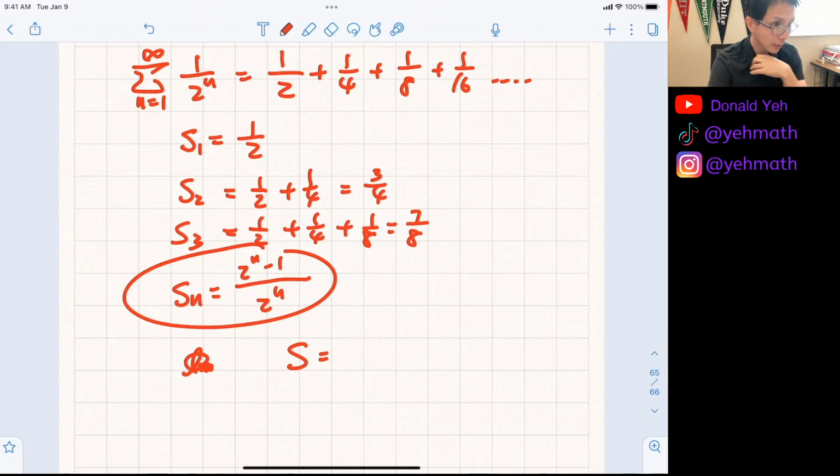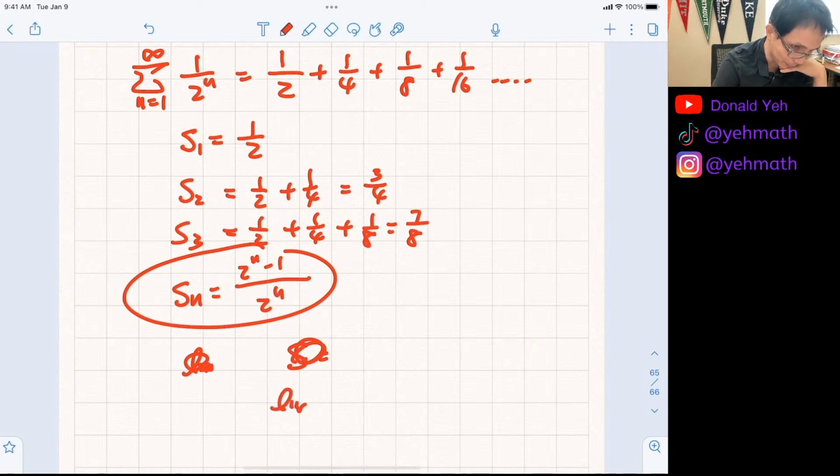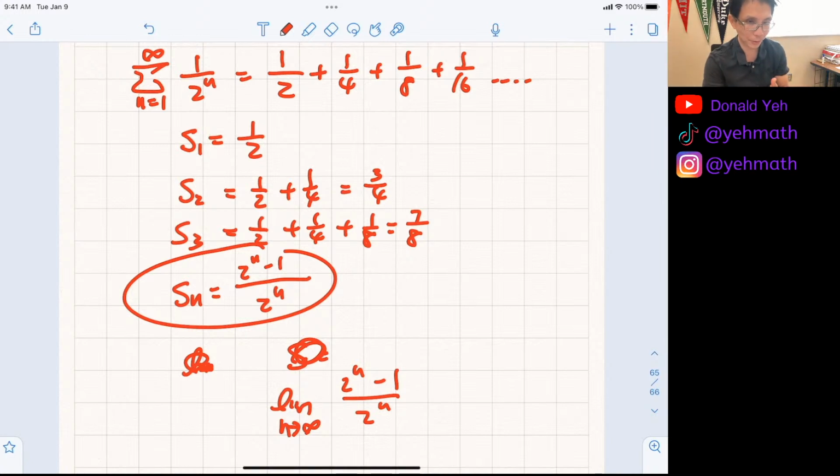So the infinite sum is going to be the limit as n approaches infinity of (2^n minus 1) over 2^n, because this gives you the exact result of the series, right? So if it goes to infinity, what will happen?